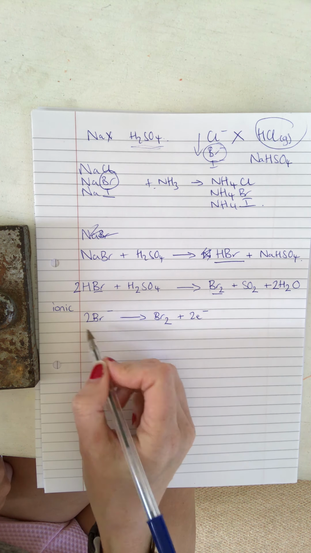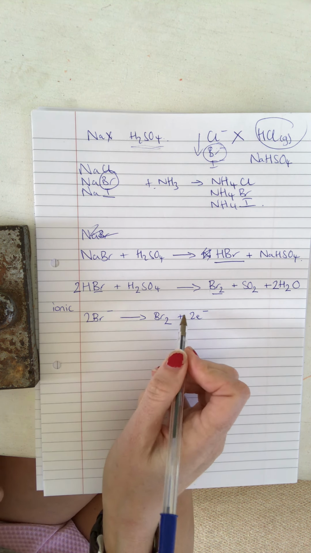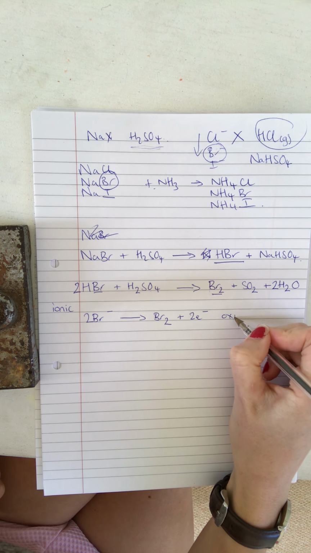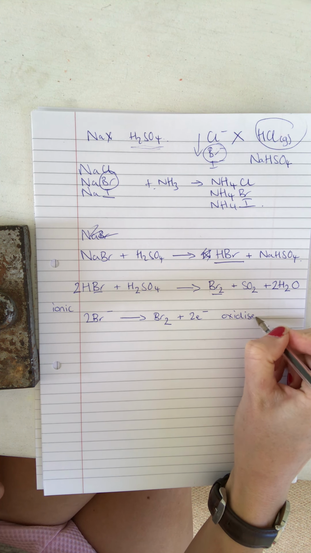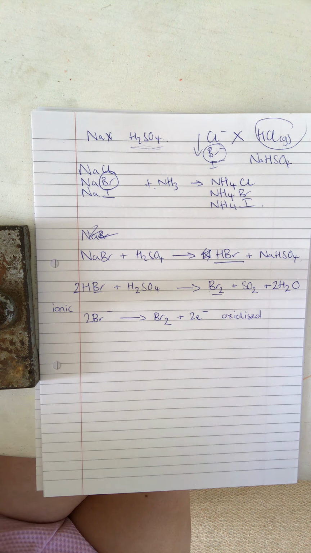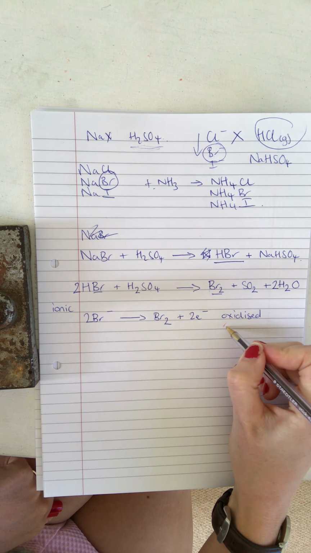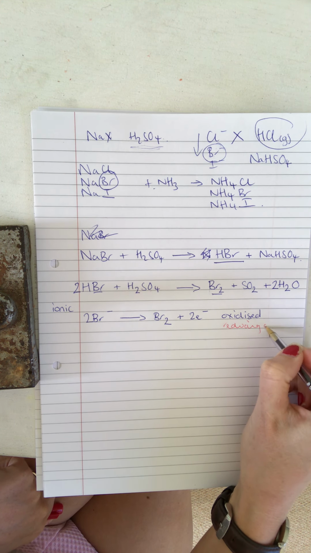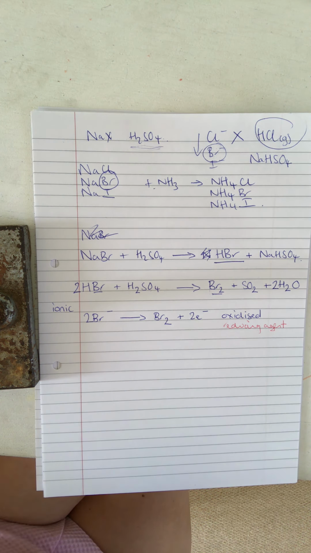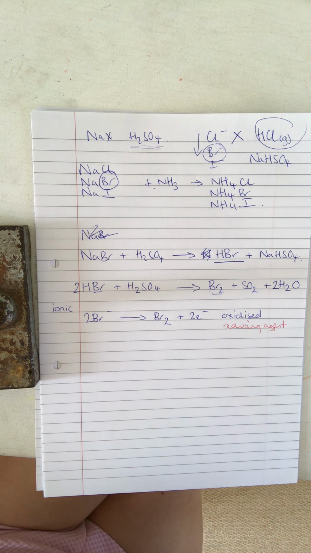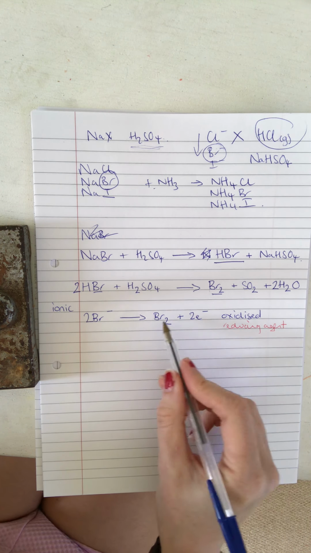Okay, so our bromide ions have been oxidized because they have lost electrons, therefore they are acting as a reducing agent themselves. So that's our bromide half equation.